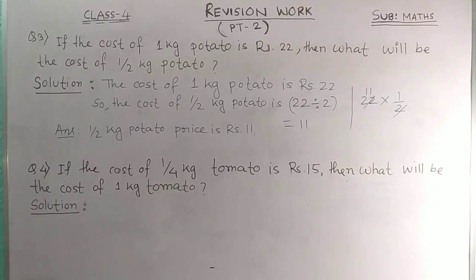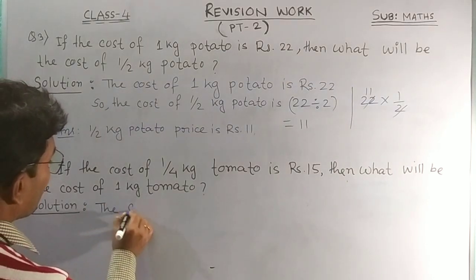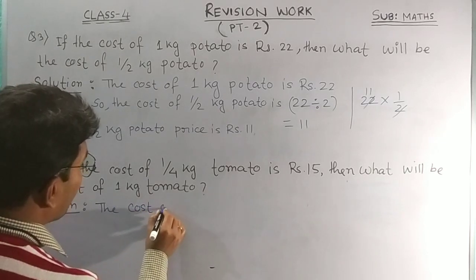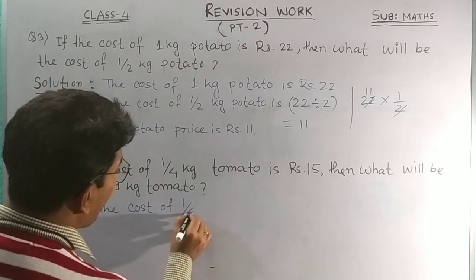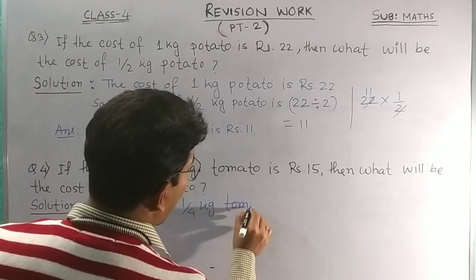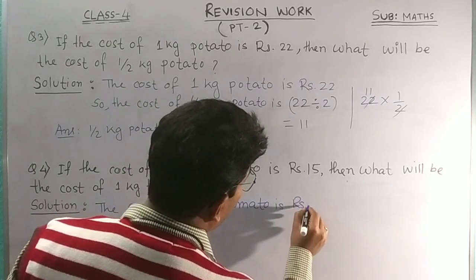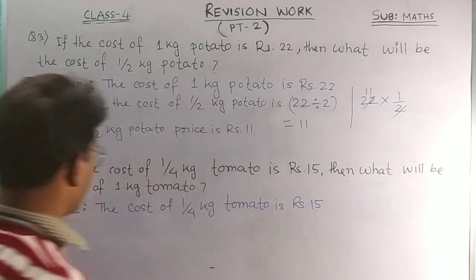Now, so what we need to write? Very easy. The cost of 1/4 kg tomato is rupees 15.